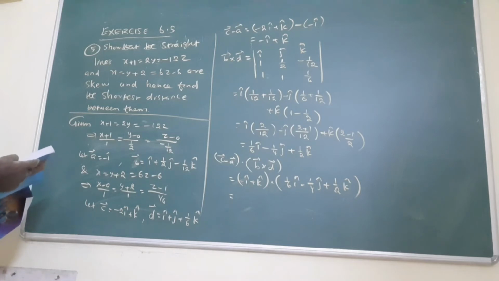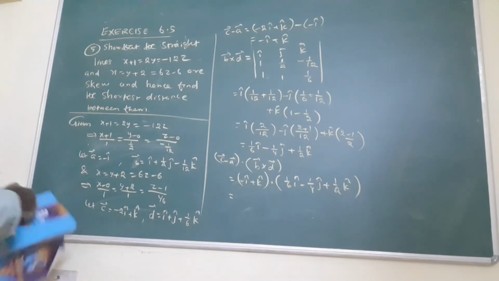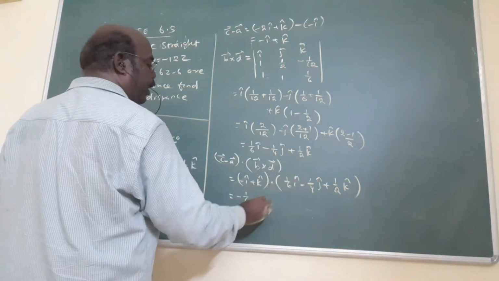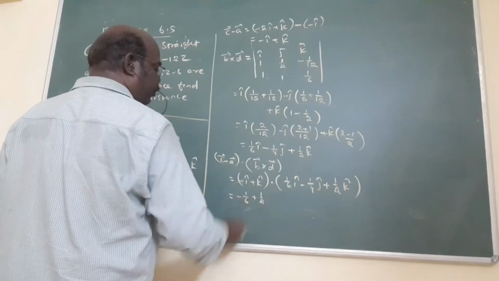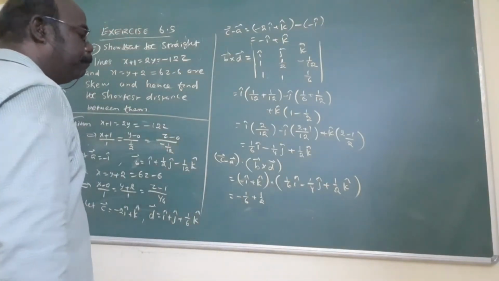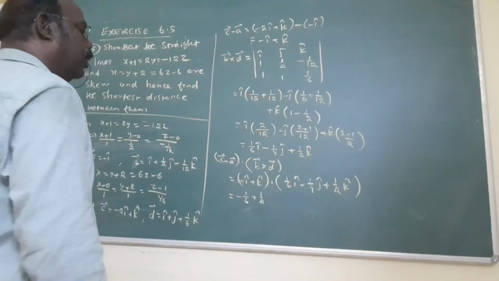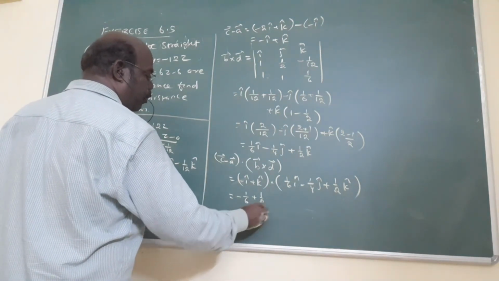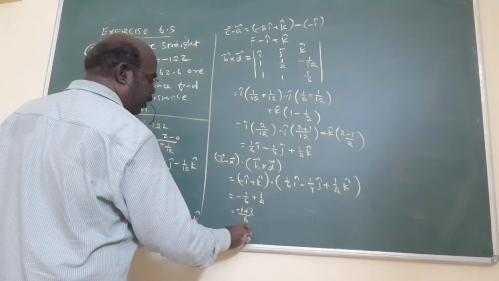What is the answer? Simplify. Minus 1 by 6, 0 in the j term, plus 1 by 2. Now 6 is the LCM. Minus 1 plus 3, that is 2 by 6.